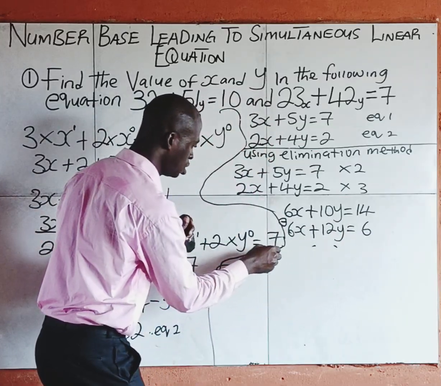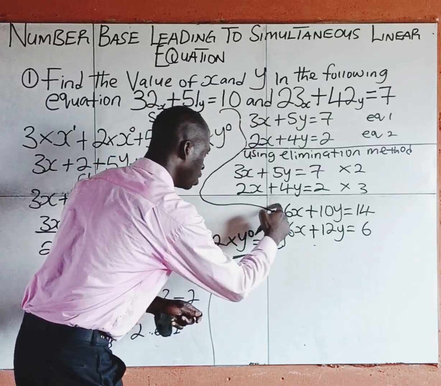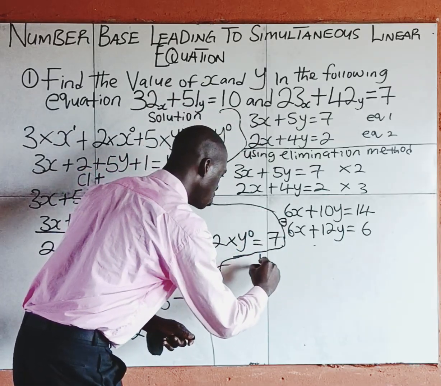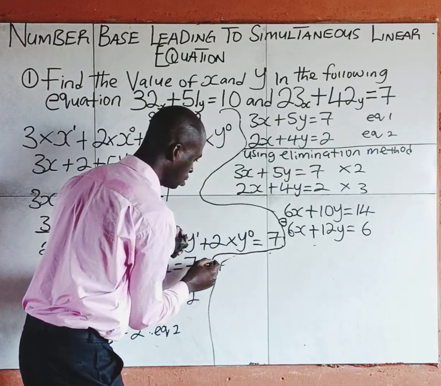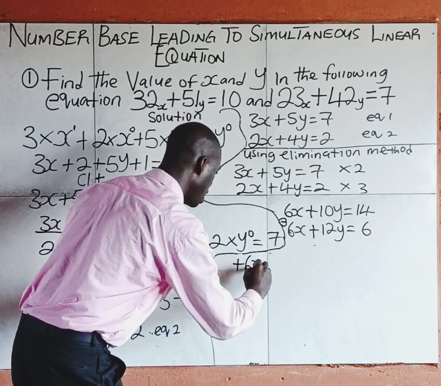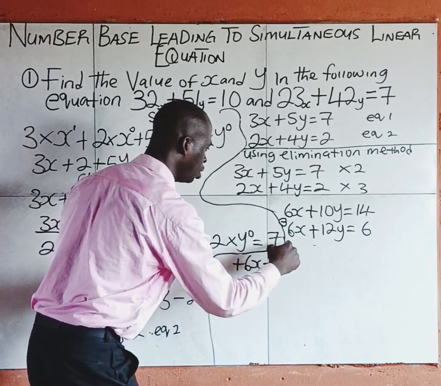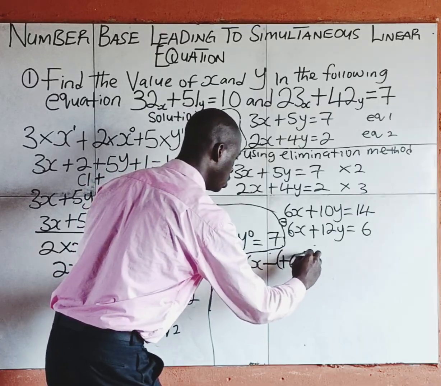I need space to do this. Okay, let me do it right here. Here becomes, this number has no sign, so I'll call it plus 6. Plus 6x minus plus 6x.